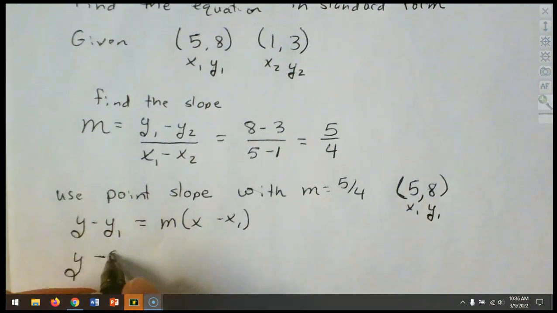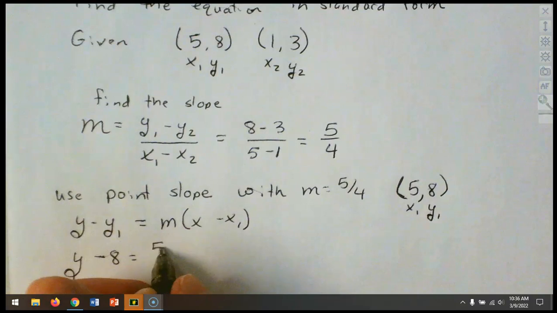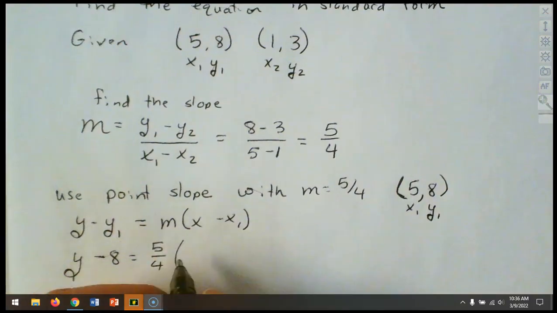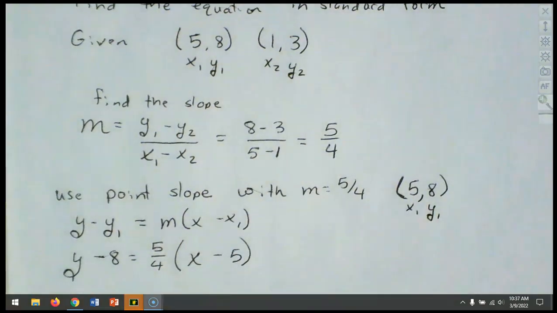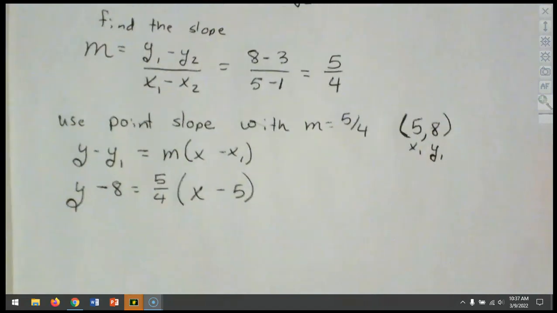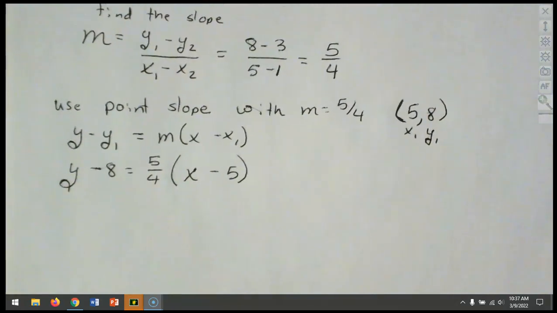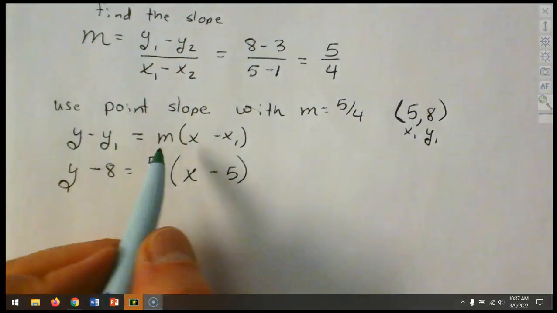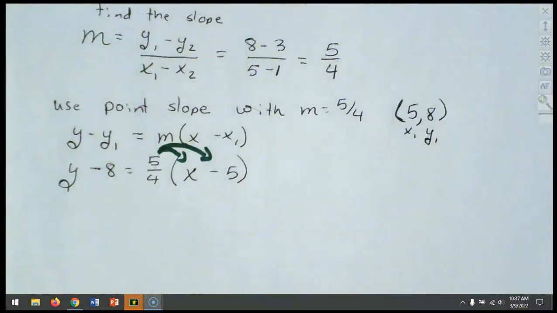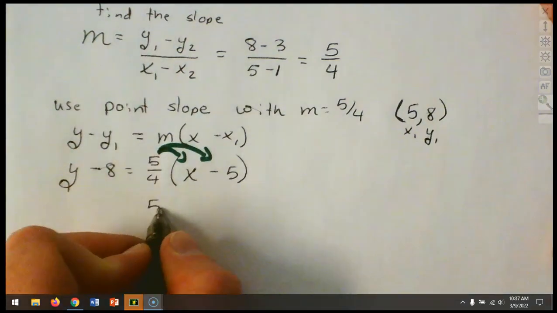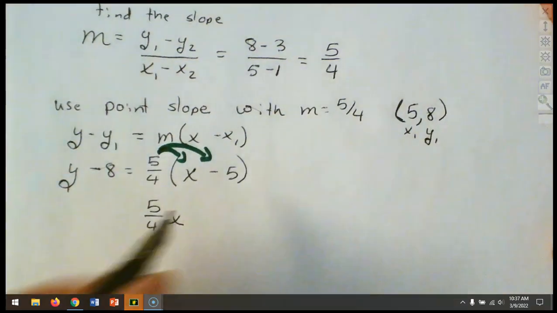So y minus 8 equals 5/4 times x minus 5. No double negatives to worry about. So we can just go ahead and distribute through. And distributing through, that gives you 5/4 x minus.